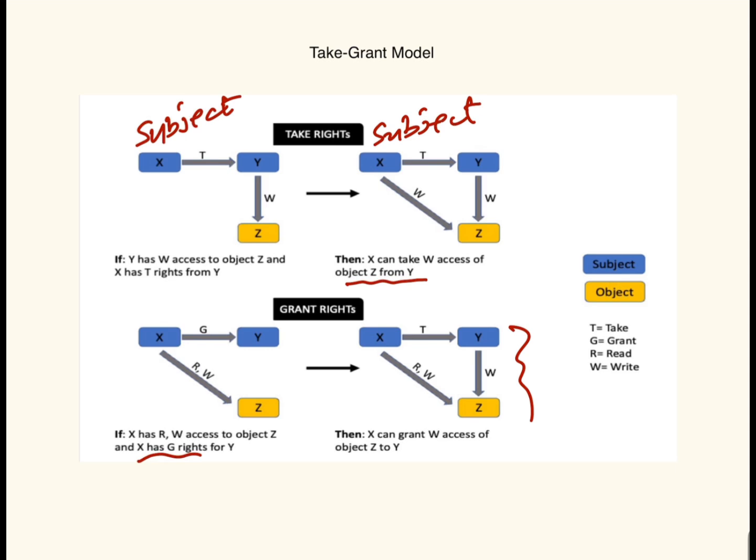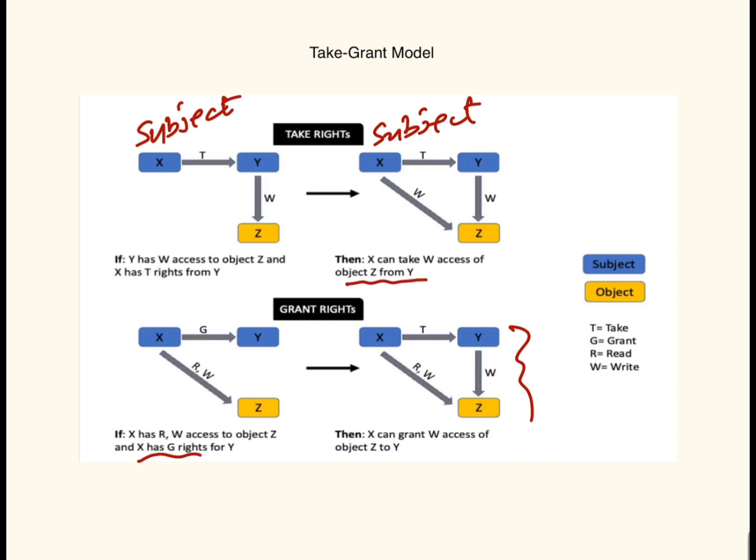It is more focused on defining rules for access control rather than analyzing access propagation. So the Take-Grant model is used for analyzing how permission is spread within the system, and the Graham-Denning model is used for defining access control policy, who can do what. There is a big difference.